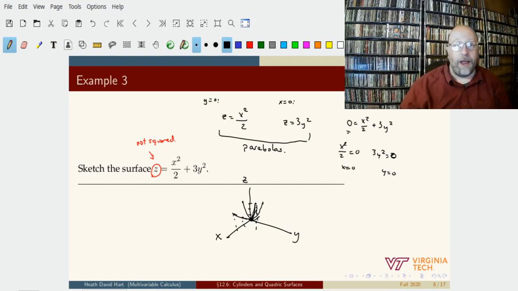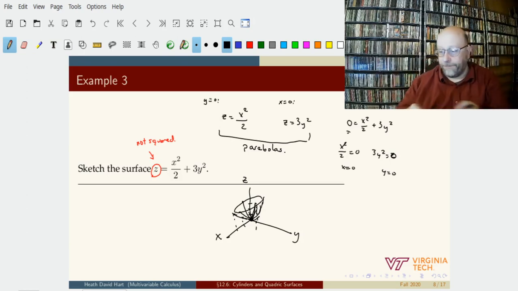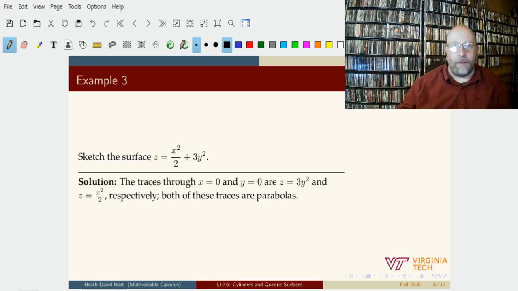And so if we connect these up, we get a shape that looks kind of like a bowl that opens up and keeps going on forever. Let's walk through the steps here.